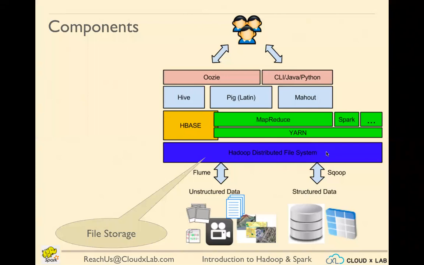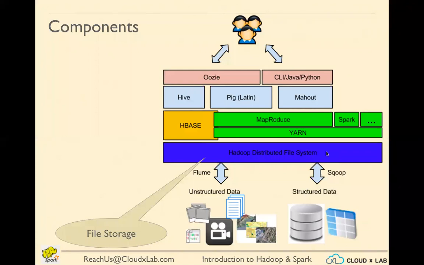You as a user do not need to know where your data is. All you need to care about is that this was my file, and I put it into the Hadoop distributed file system. You don't have to deal with putting half of the file in this folder and half somewhere else. That complexity is absorbed by the Hadoop distributed file system.